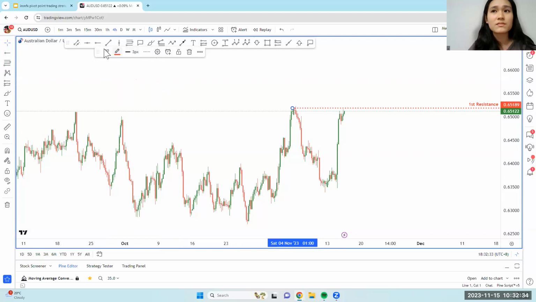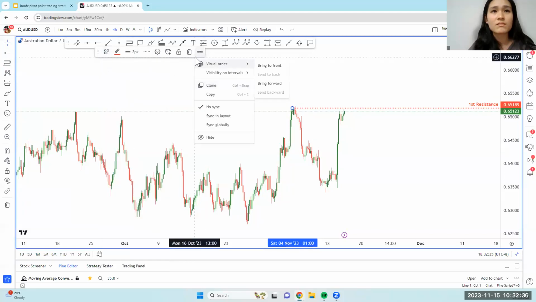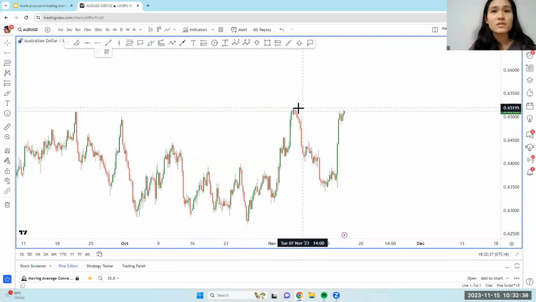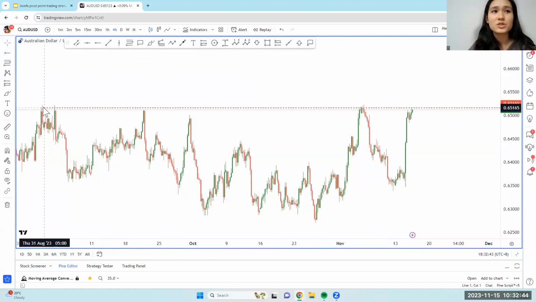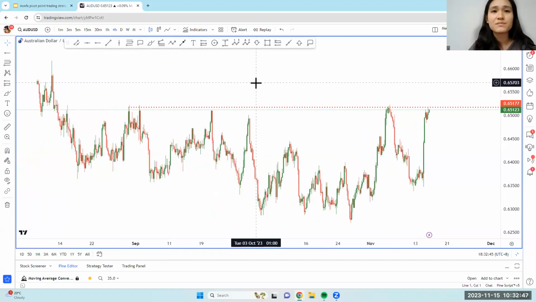Actually, because this is pretty close to where price is currently at, I'm just gonna label it like this.